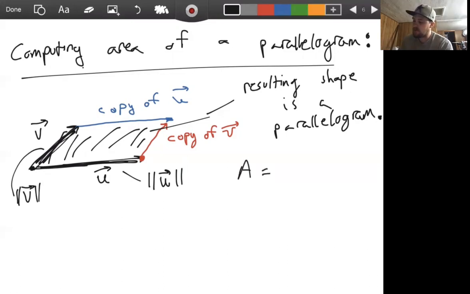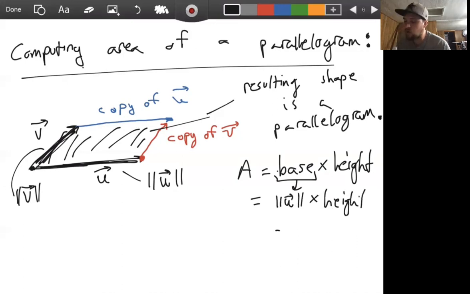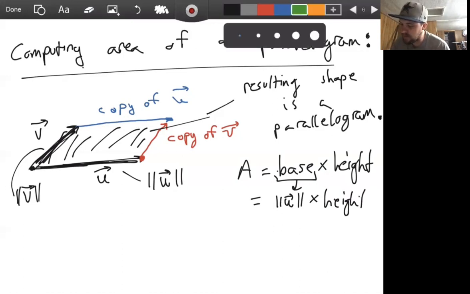Well, the area is going to be the base times the height, right? And so we know what the base is. Well, the base is the magnitude of u. But what about the height? It's not quite v. It's not quite the magnitude of v, right? Because that's not the height of the parallelogram. The height of the parallelogram is going to be what's over here in green.